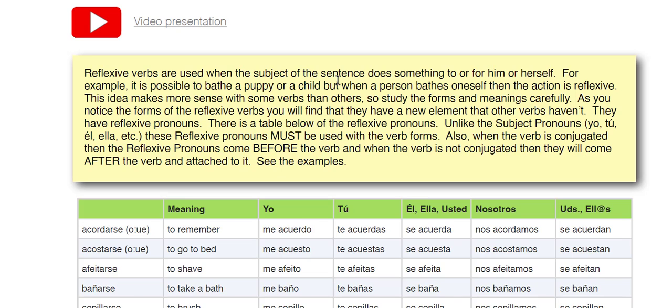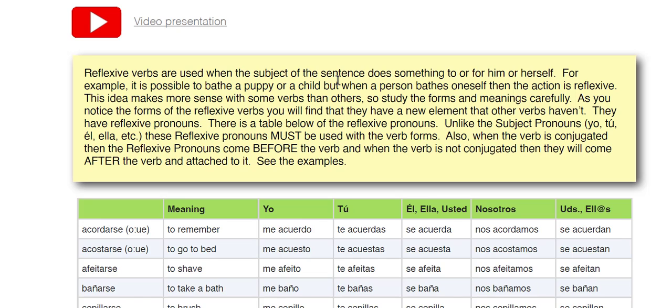Therefore, it wasn't necessary to use yo. Well, with these new reflexive verbs, the reflexive pronouns have to be used. They're not optional, and we'll see that more as we learn about them.